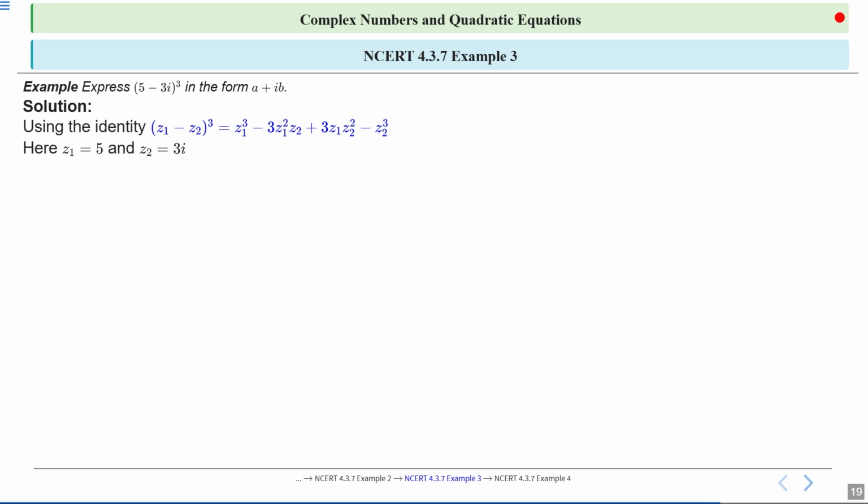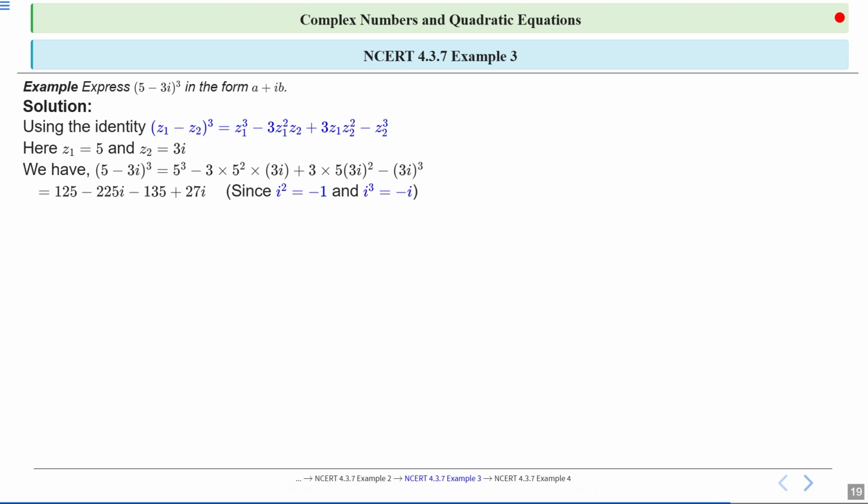So we will substitute z1 equals 5 and z2 equals 3 times iota into the formula, and this will give us the answer. So we have 5 minus 3 iota whole cube equals 5 cube minus 3 times 5 square times 3 times iota plus 3 times 5 times 3 times iota whole square minus 3 times iota whole cube.